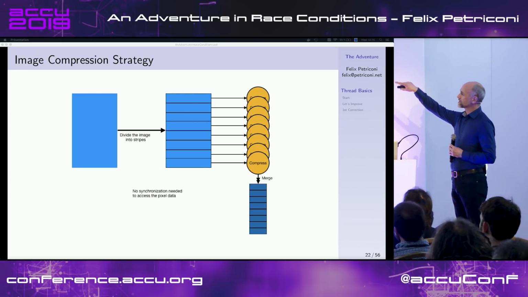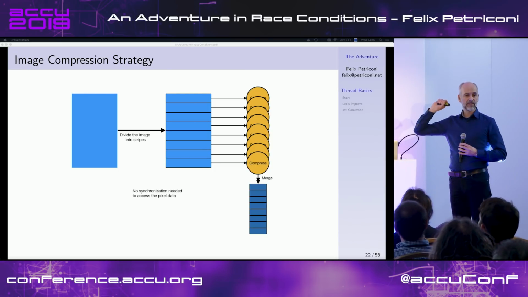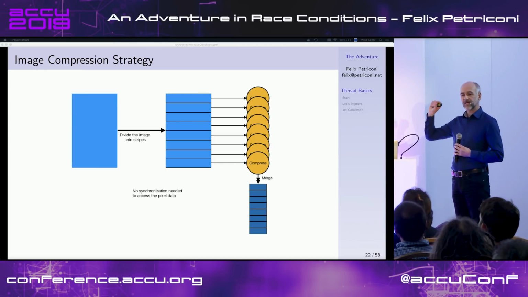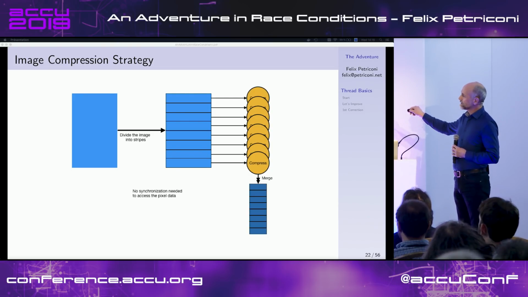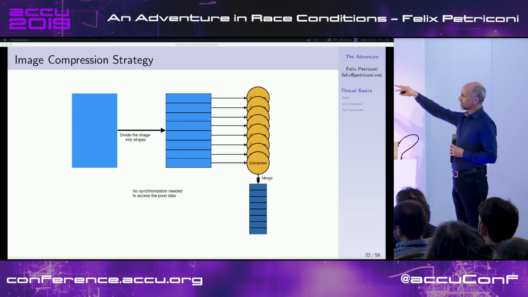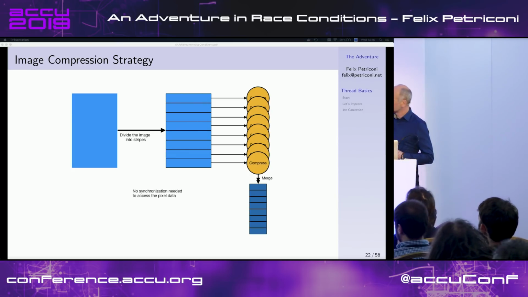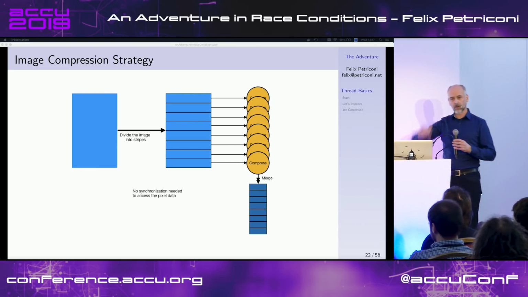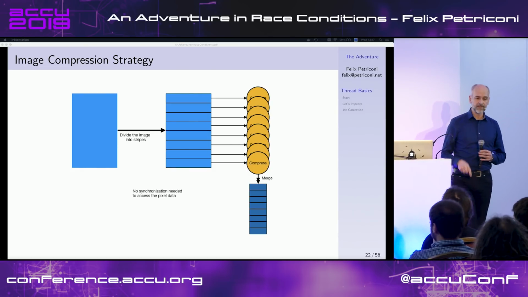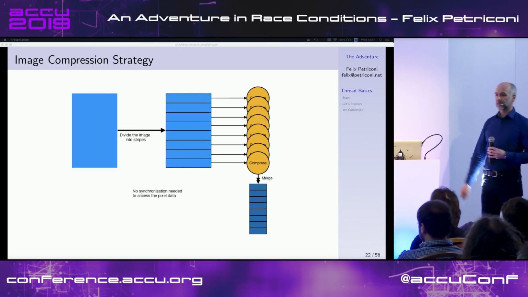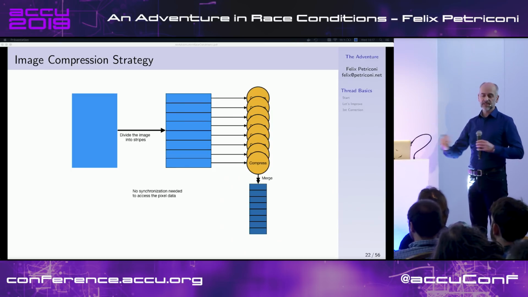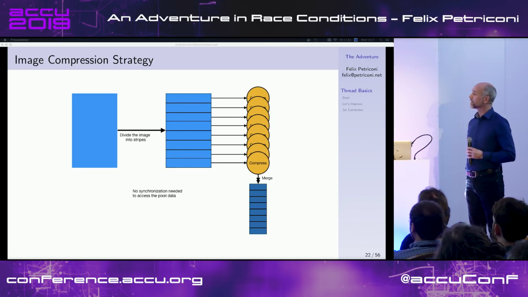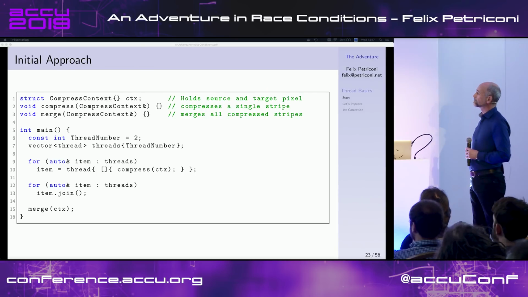Each stripe shall be compressed in a single thread, so that there's no need to synchronize, because synchronizing blocks. Each of these small stripes is then compressed, and we bring everything together in a smaller image with compressed stripes in it. Then we store it on the disk, and later on we can decompress everything in the same manner. We just decompress small stripes, and this can be parallelized very easily. That's the goal we want to achieve.